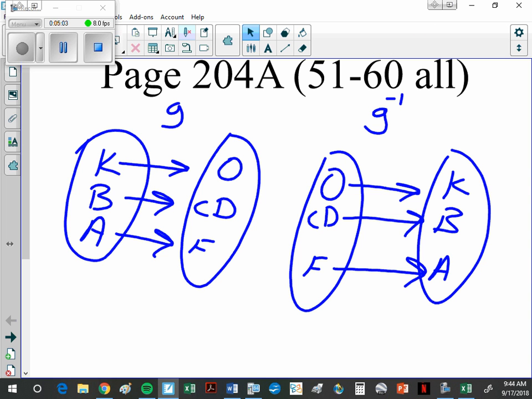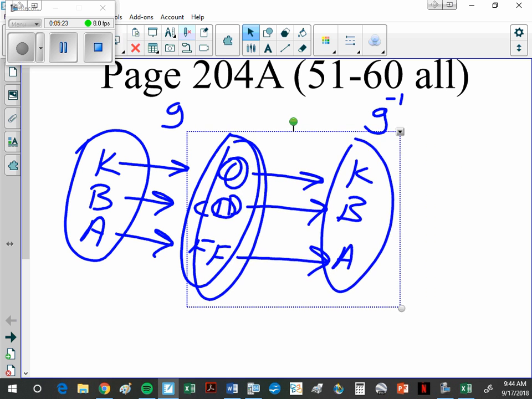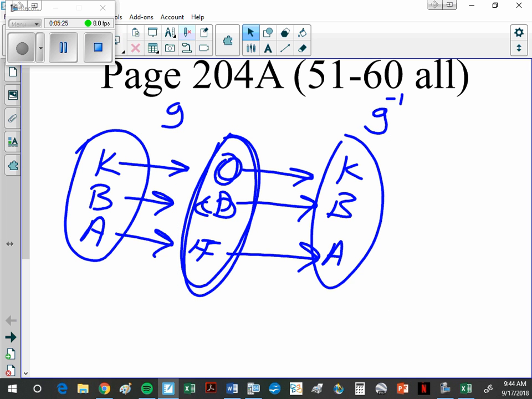Well, if I take one function and combine it with its inverse, what's going to happen? Nothing, right? If I daisy chain these together, so I'm going to take this and slide it over here, then Kyson gets turned into Orangeville, but then gets turned back into Kyson.